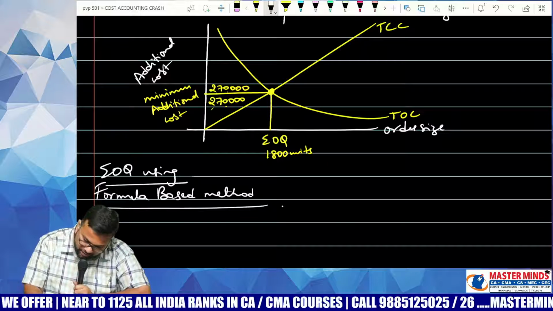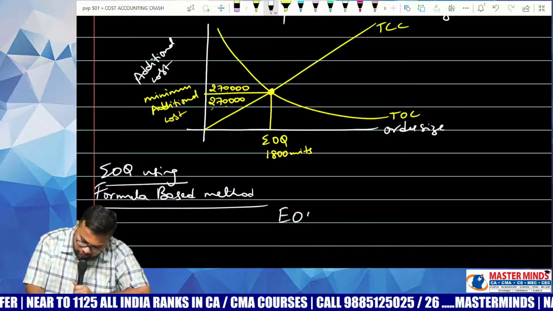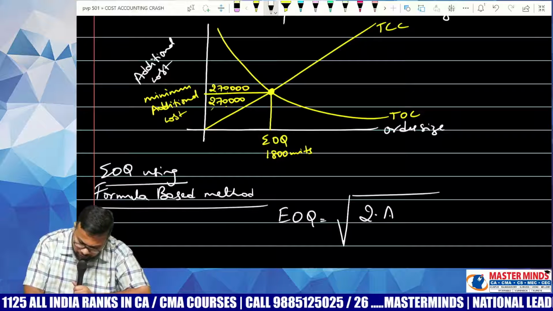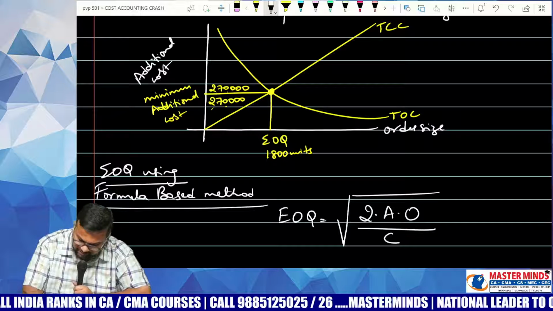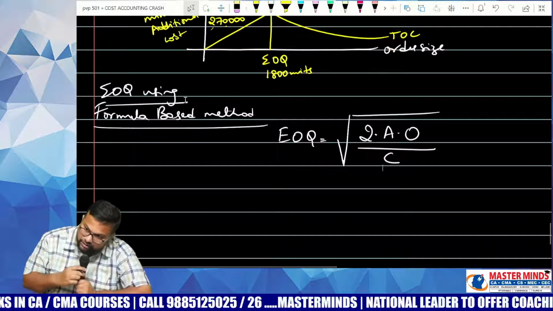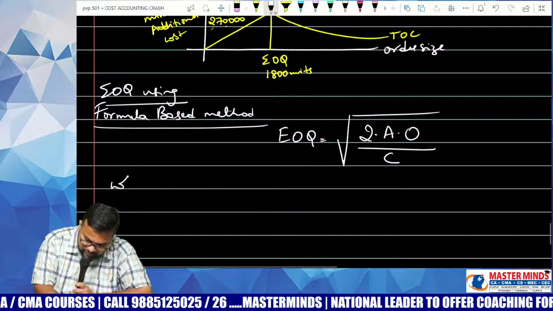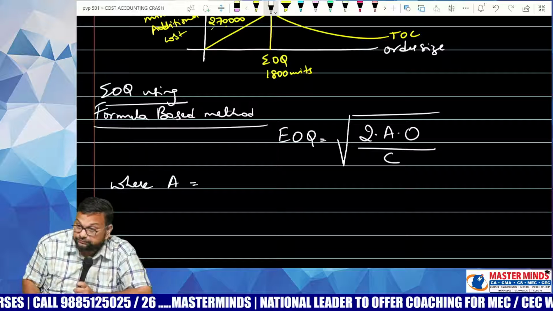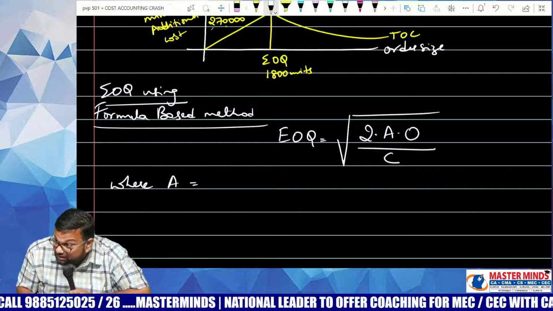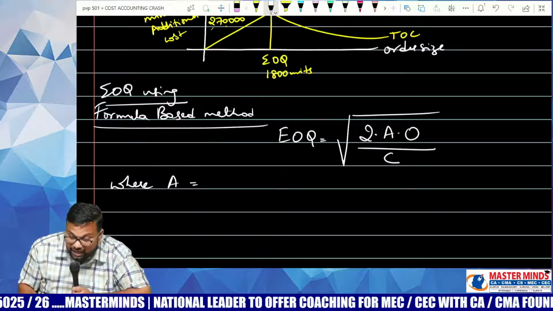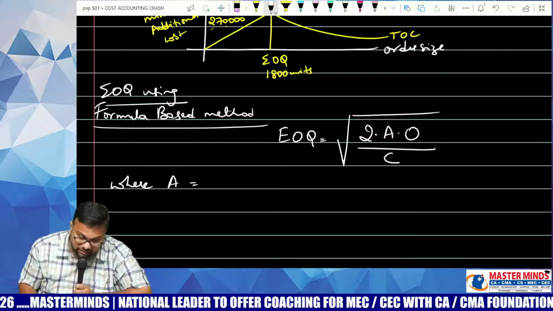So formula here, EOQ is equal to root of 2 into A into O by C. With the help of this formula, we can calculate where A is equal to annual purchase or annual consumption or annual demand.